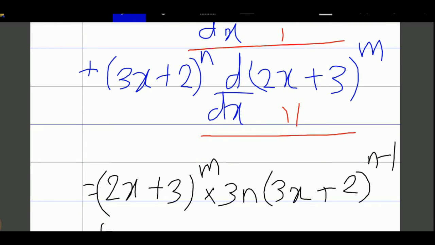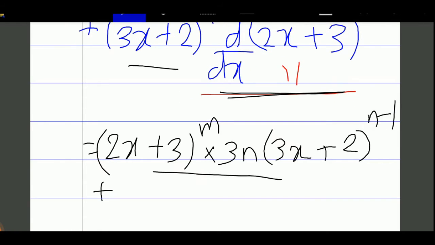I am going to differentiate this second term separately, then multiply and add with this whole term.